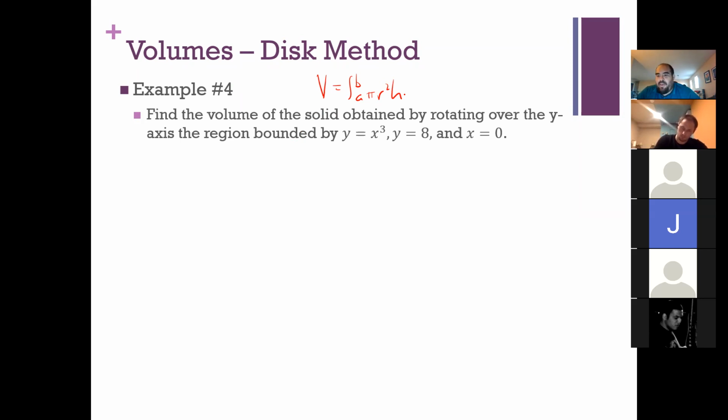It really pays to look at what the region looks like that you're going to be revolving around your axis. So try to get a sense of that first before we actually go through with this. Take a couple of minutes and then we'll get going from there.